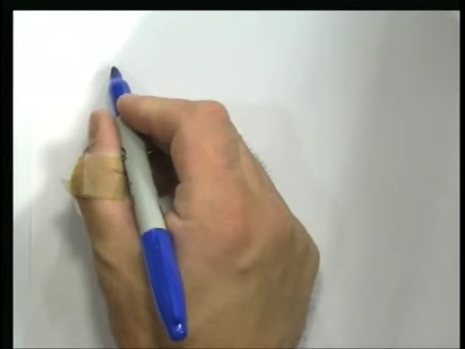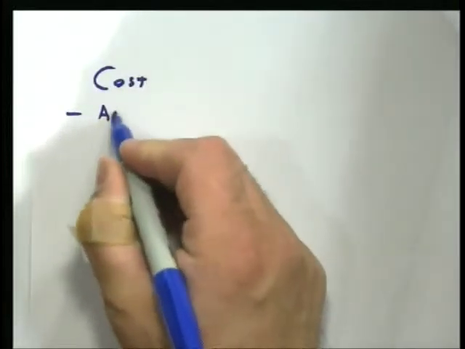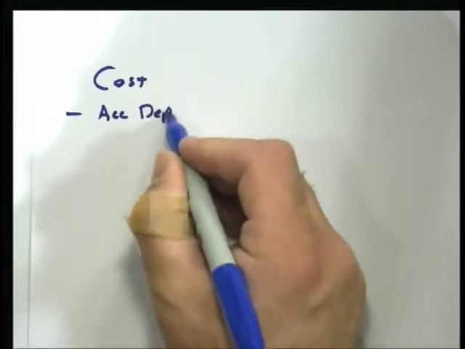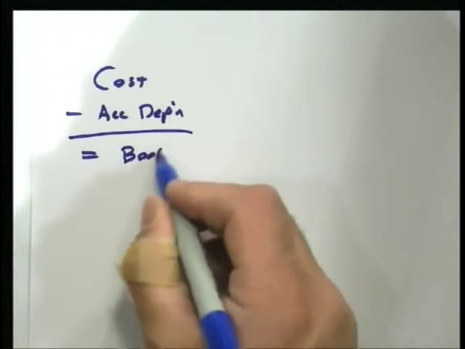So an asset is a debit balance account. A contra asset is not a debit, but a credit balance account. Correct? Let me also remind you, the way that this looks in the balance sheet is you have the cost of an asset minus the accumulated depreciation, the contra asset, and that equals the book value of the asset.